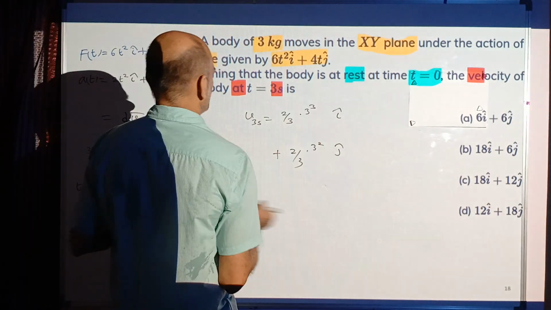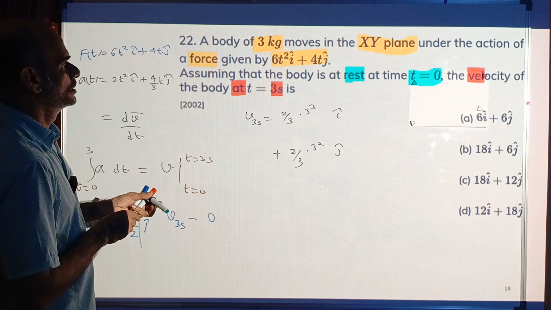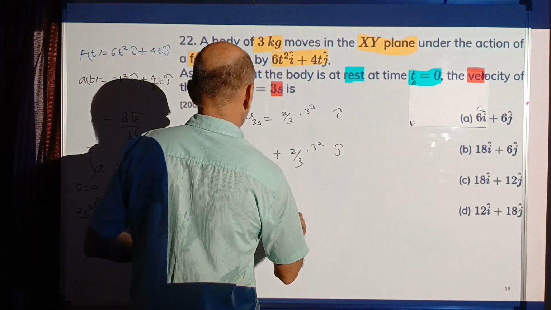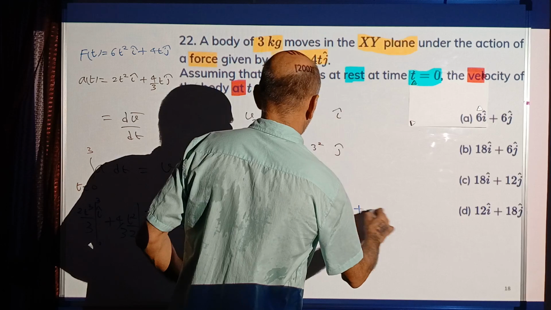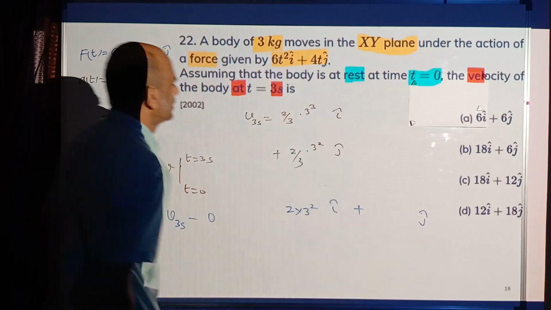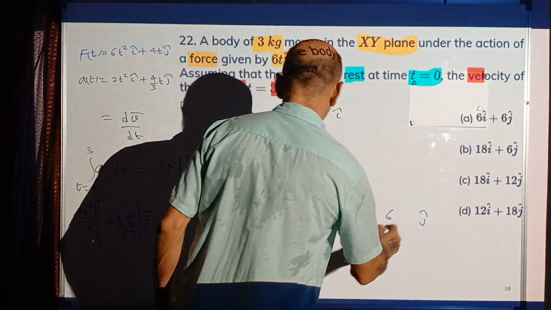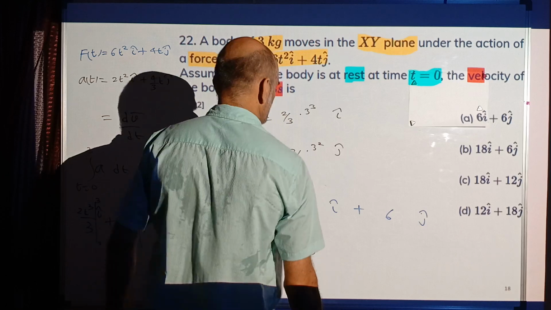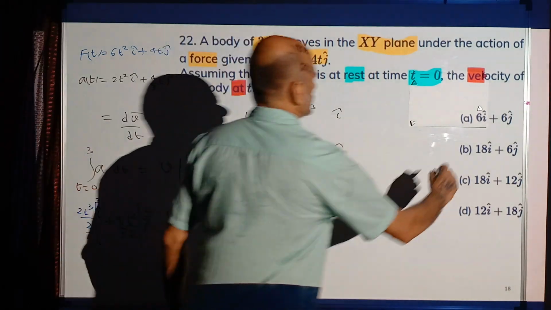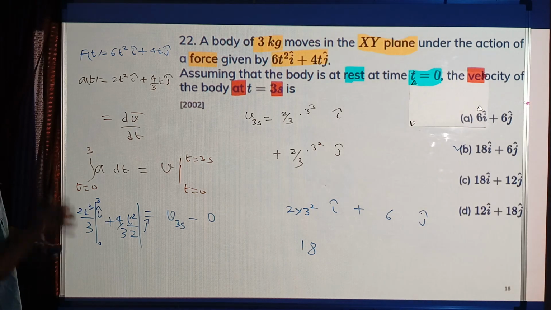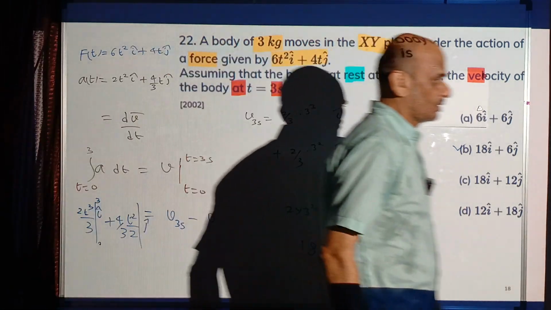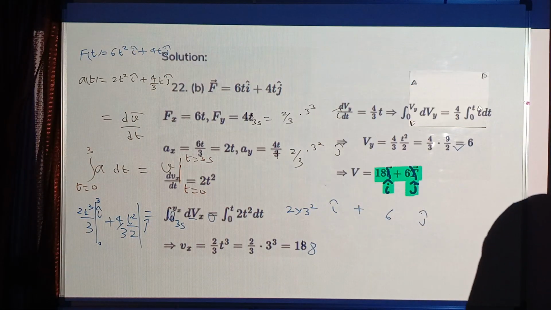So it will be 2 into 3 square i cap, and then j cap will be 2 into 3, 6. So this is 18 and then 6. Option B. Option B is the correct answer.